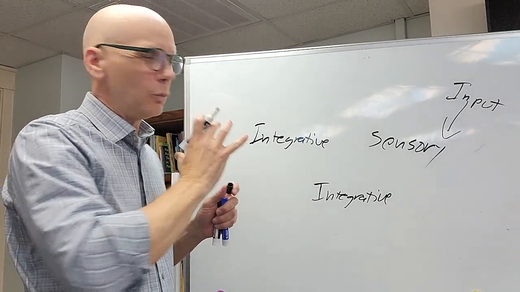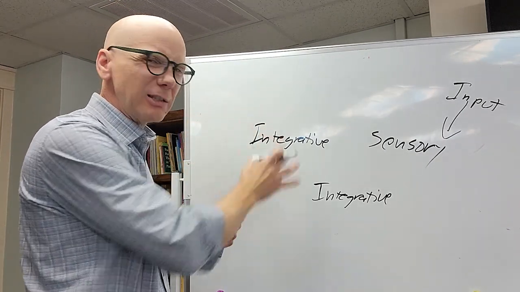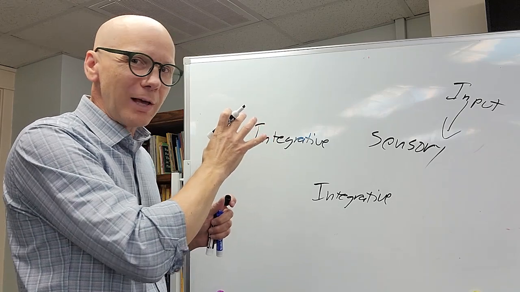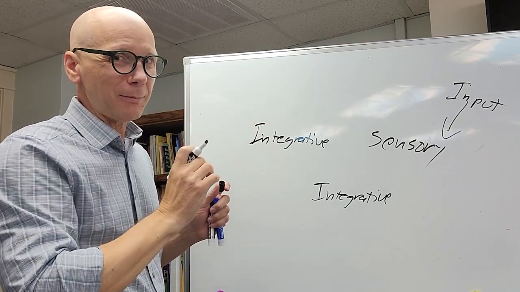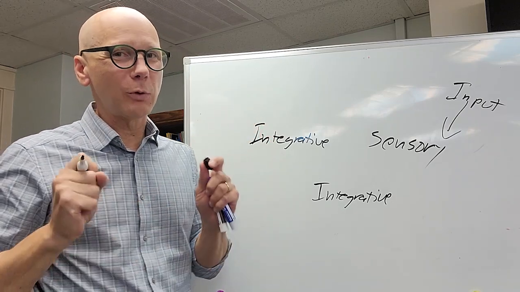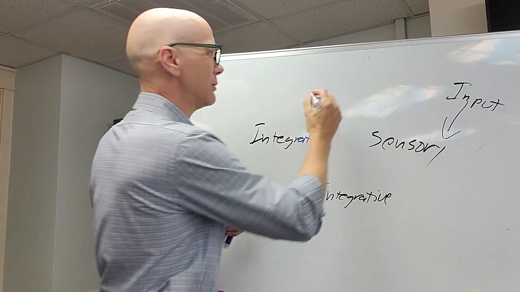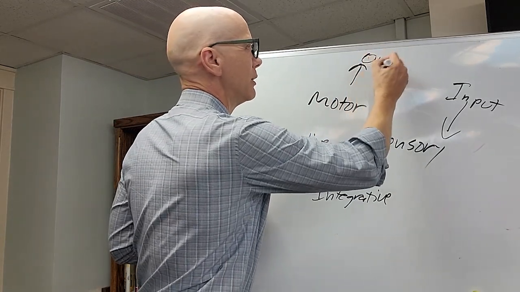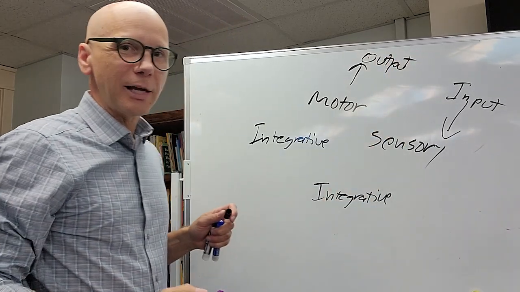And then when we get into this area, these actually talk to each other a lot, but the front integrative cortex is developing new ideas. And then when we come up with a new idea, then we want to move that into motor skills. And that goes into an output. So we have a cycle here.